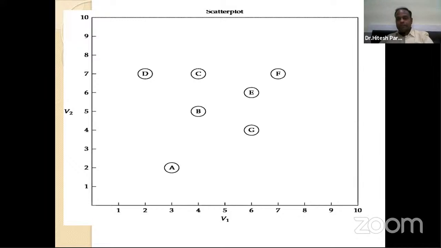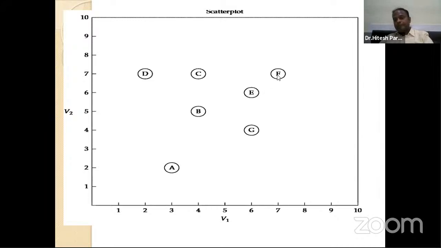Sir, does the distance explain the difference? That we need to discuss. There can be two approaches. Our objective is to measure the similarity. So in whichever case we have a similar approach, obviously they will be nearer to each other in the scatter plot.